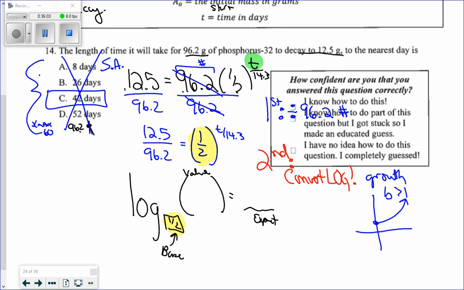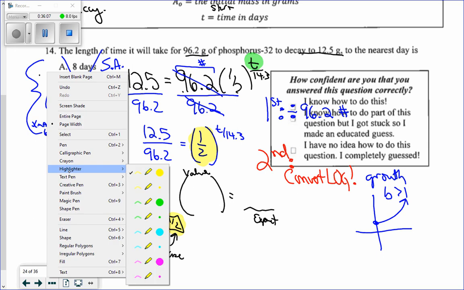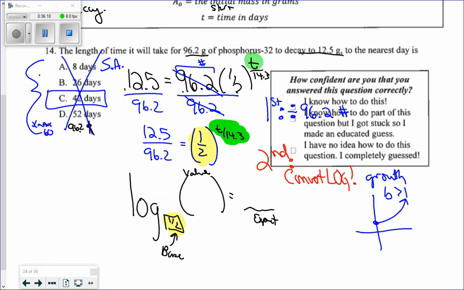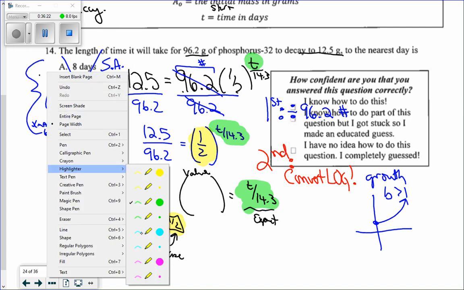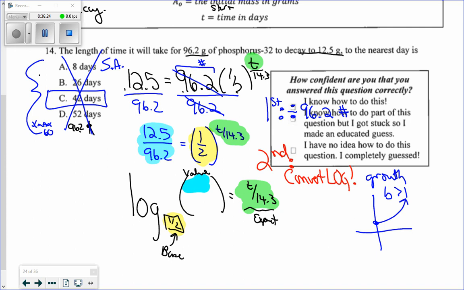What is the exponent? So the exponent is the t over 14.3, which leaves the value as this.